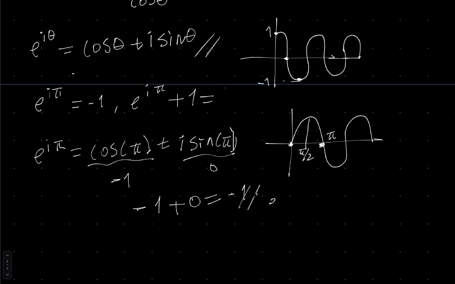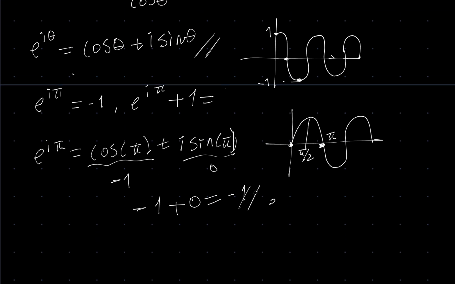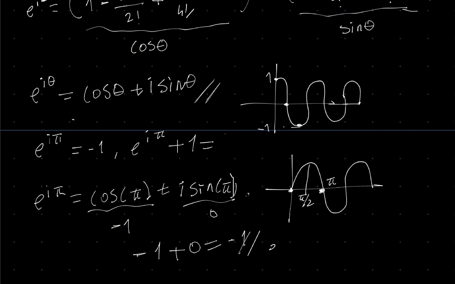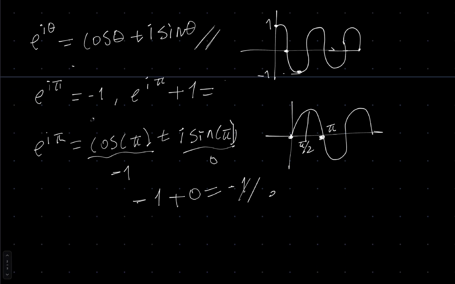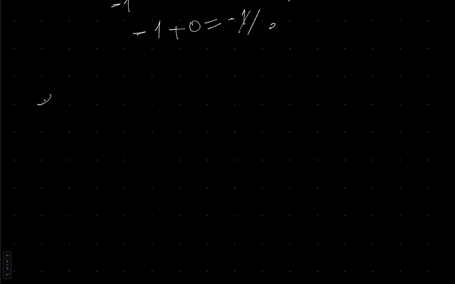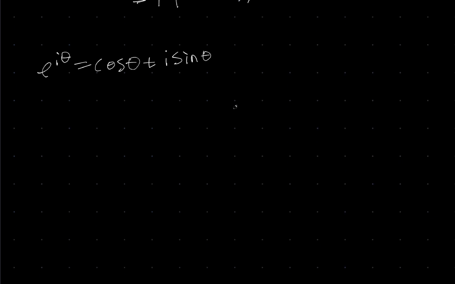But I want to show you an extra here. If that equation didn't convince you, I'm going to take derivatives of both sides. Okay, let's write this again here. We have this, and I'm going to take derivatives of both sides, and I will check if they are equal or not.